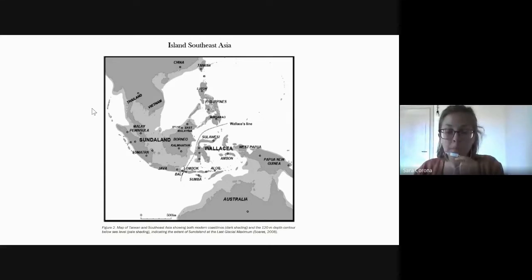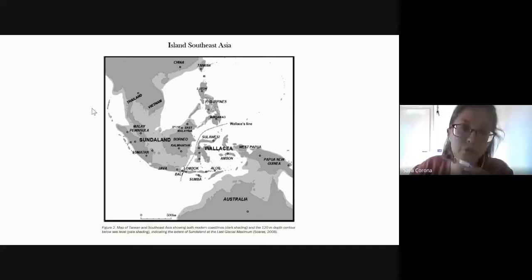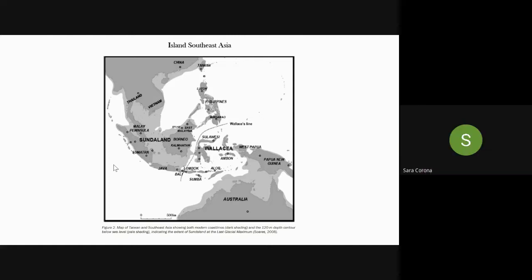First of all, Sumatra, Java, and Kalimantan were connected, united with Asia, and they formed the so-called Sunda Shelf. The biggest islands of Java, Sumatra, Borneo, and the Philippines, as we said, form part of the Sunda Shelf.